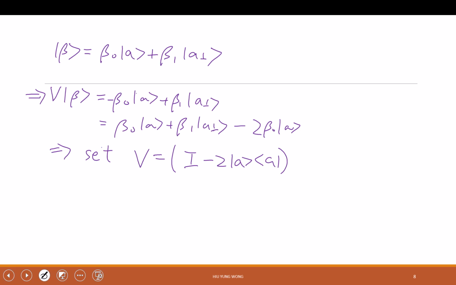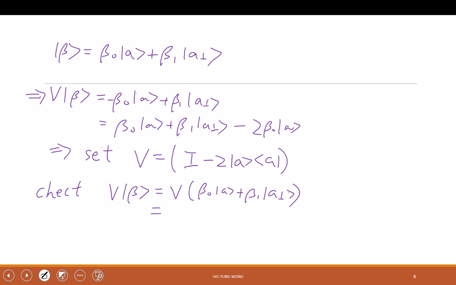We can check. Let's see if this is correct. V applied to beta equals V applied to beta 0 A plus beta 1 A perpendicular.